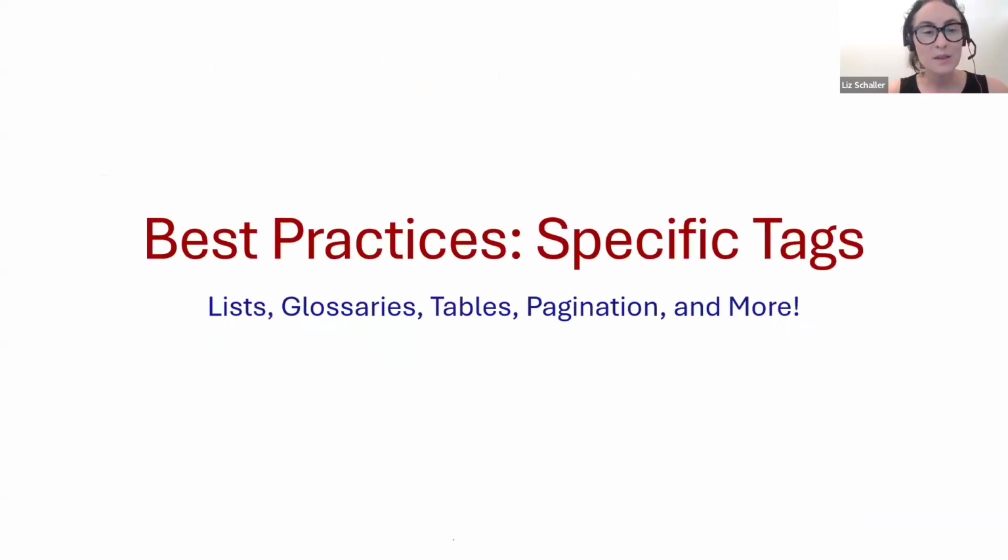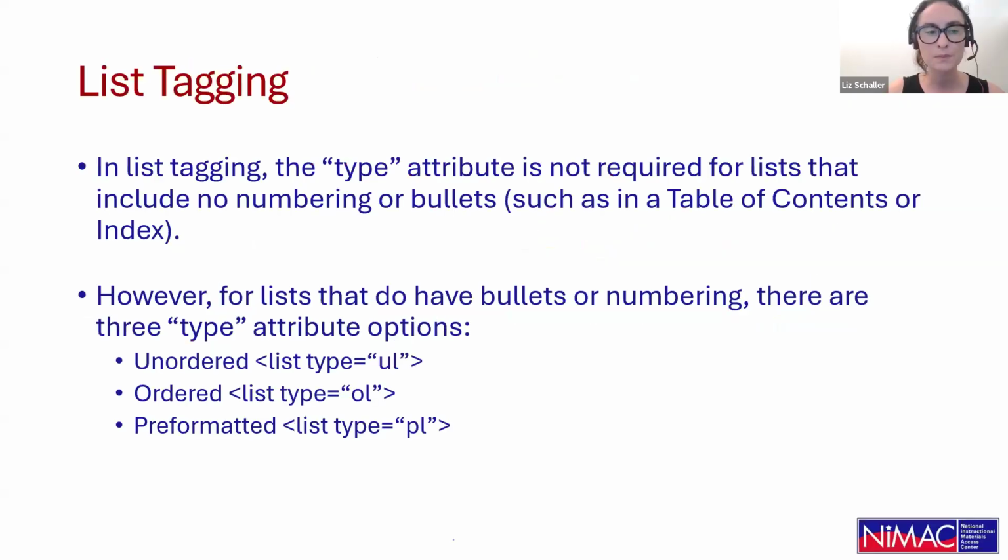And with that, let's jump into some best practices for specific tags and specific structures within your instructional material. First, let's talk about lists. Lists are one of our most common structures that we find throughout instructional material, and there are some special types of lists as well that we'll address here.